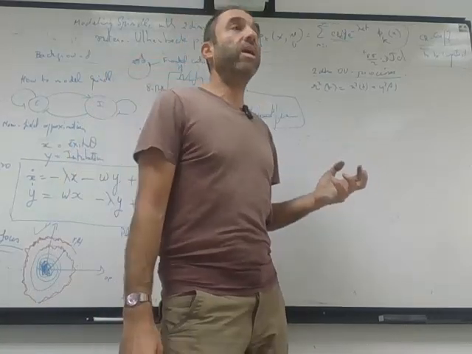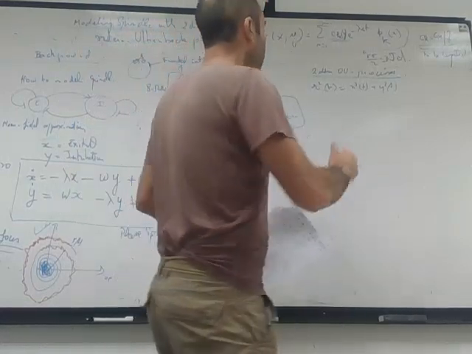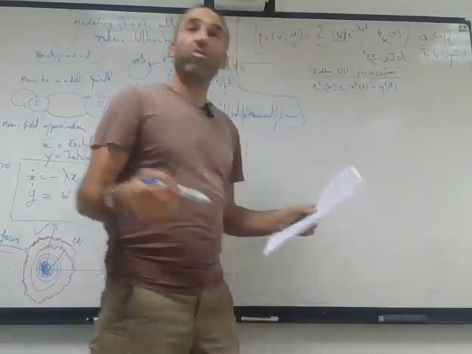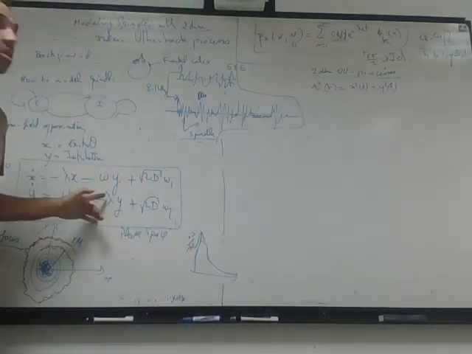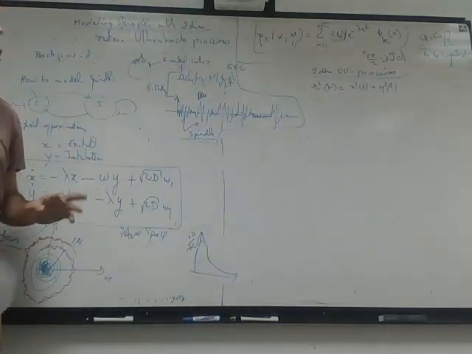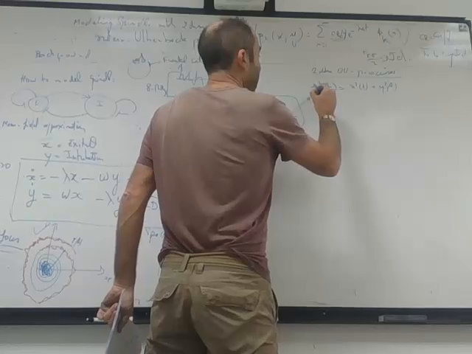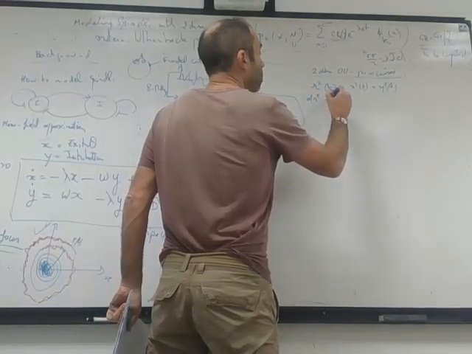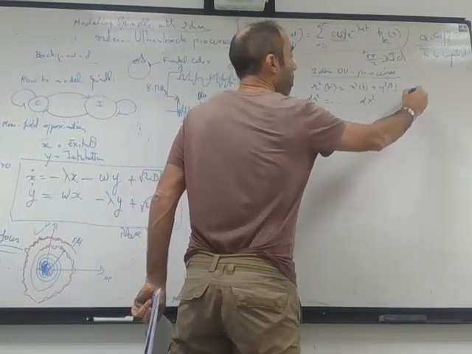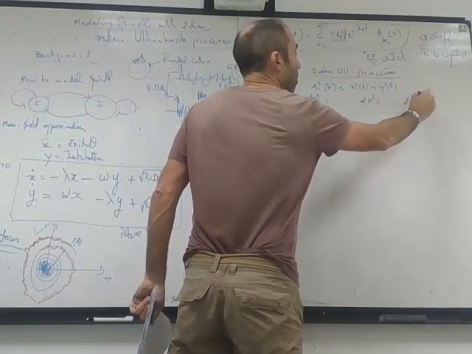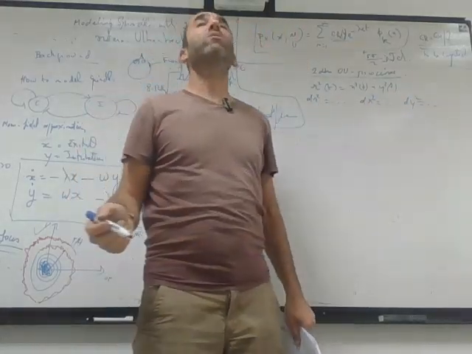So how do you calculate the dynamics of the distance r? I want to derive a stochastic equation, the same as here I have a stochastic equation. So how do I derive a stochastic equation for r squared, for example? Well, I need to calculate dx squared and dy squared. So how do I calculate d of x squared?